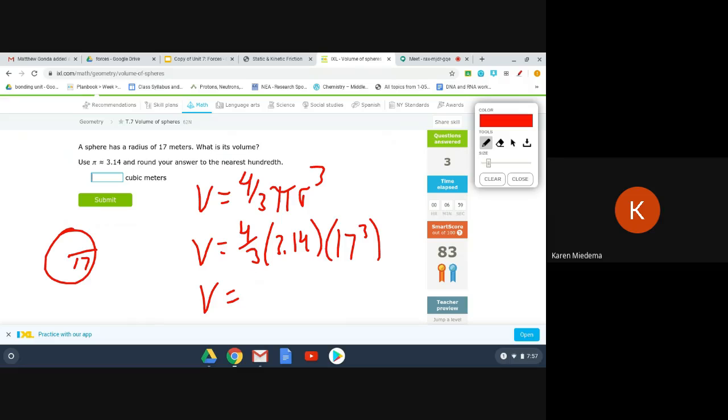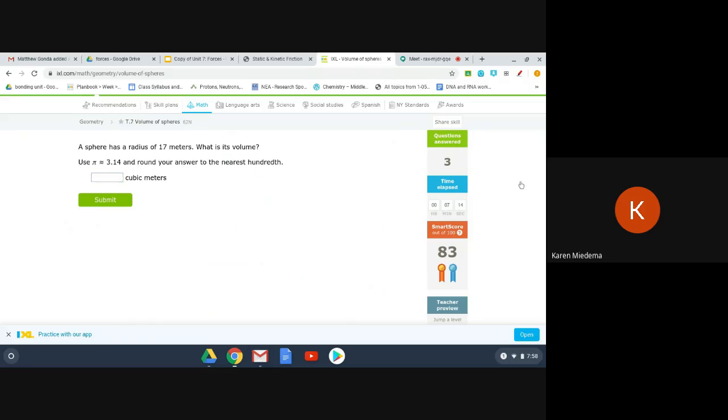It's 20,569.093333. And again, rounded to the nearest hundredth is just 0.09. 20,569.09.